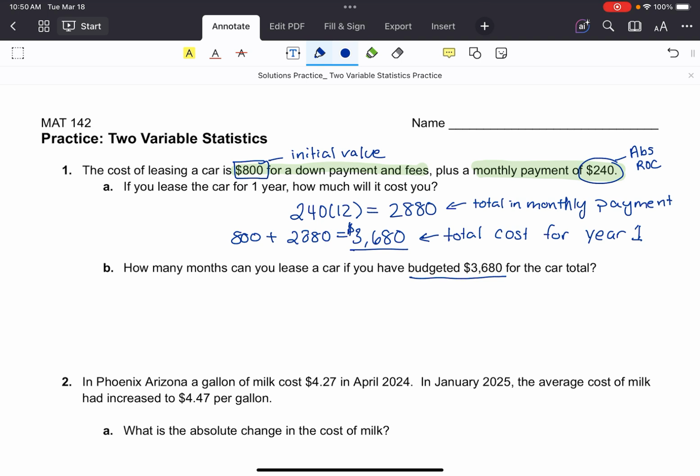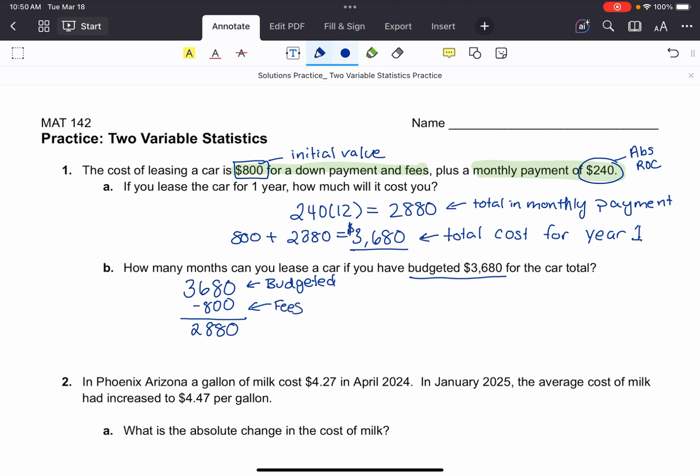Well, if you're thinking about your total budget of $3,680. You spent $800 of that on fees. So we can subtract out that $800 in fees, and we'd be left with $2,880. So it's like, this is how much we budgeted. There's my fees.